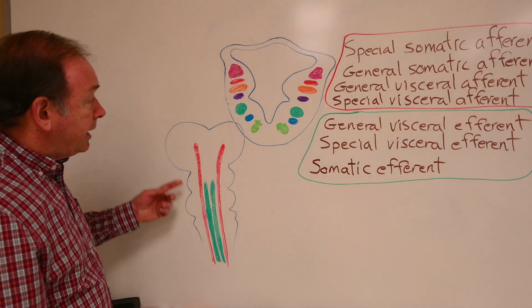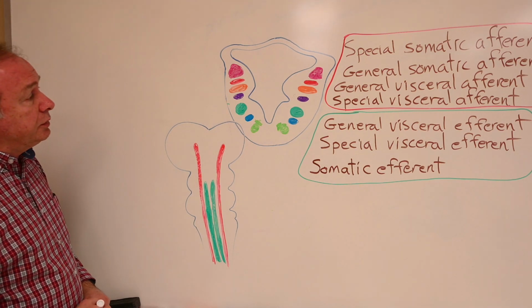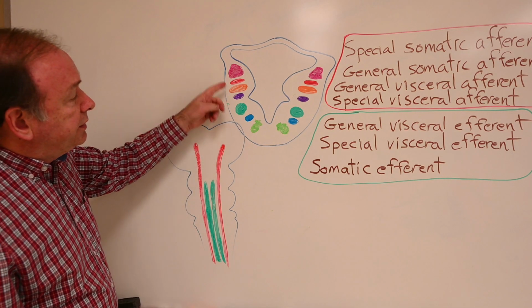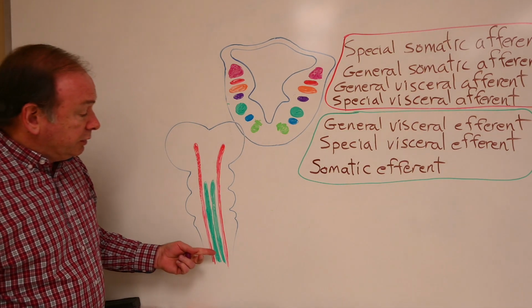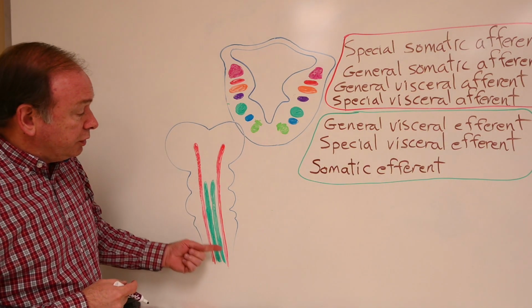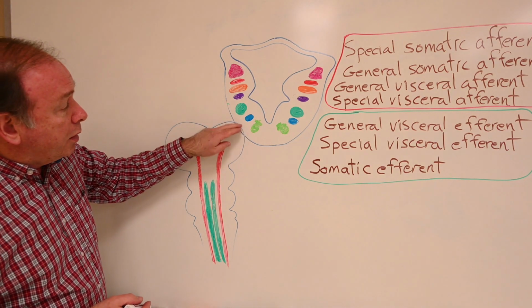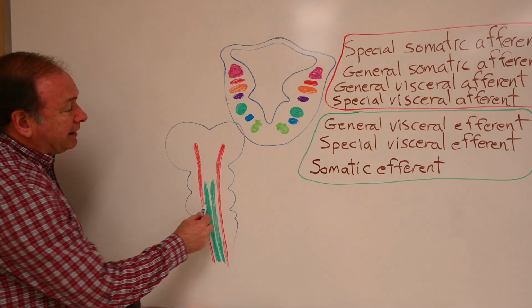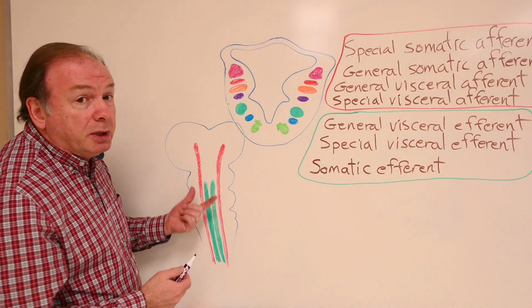I've drawn another little diagram here to the side of our cross-sectional view of the motor and sensory centers of the brain to show that in a longitudinal view, those efferent or motor signals do not extend as far up into the front of the brain as do the sensory portions.